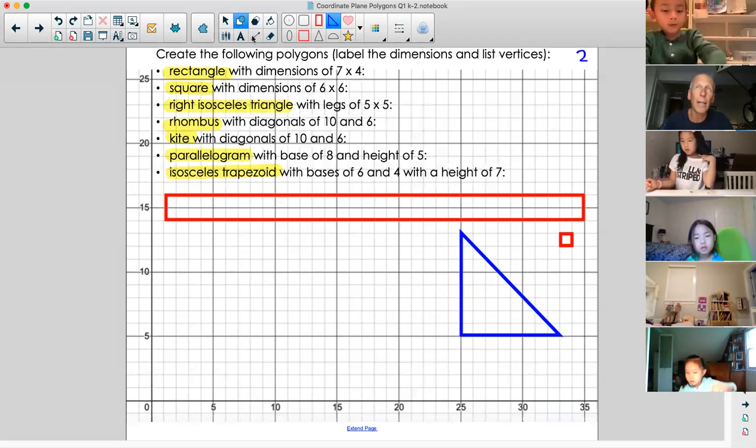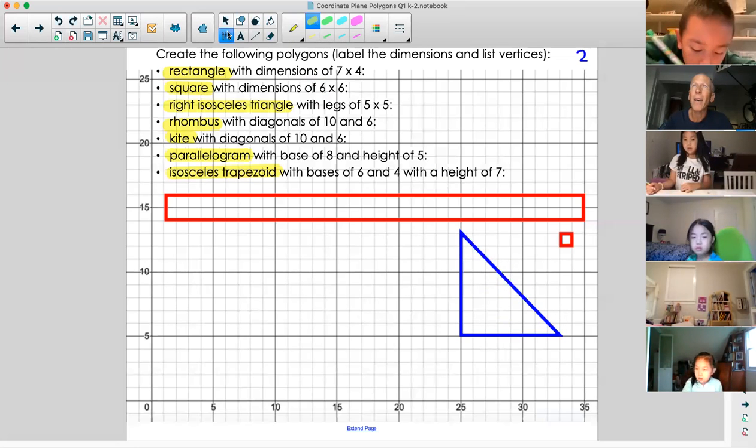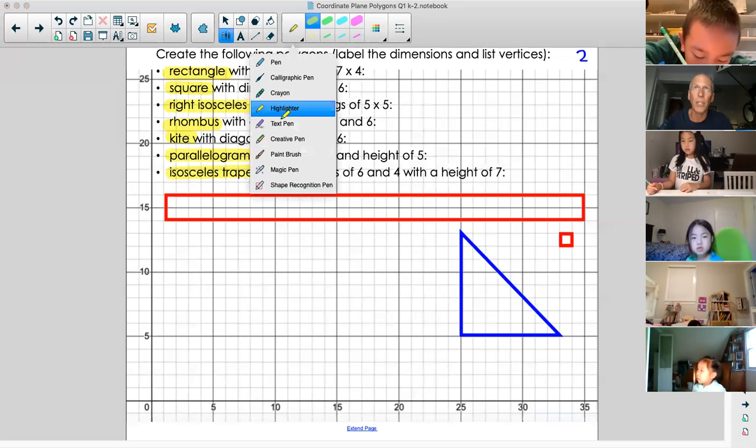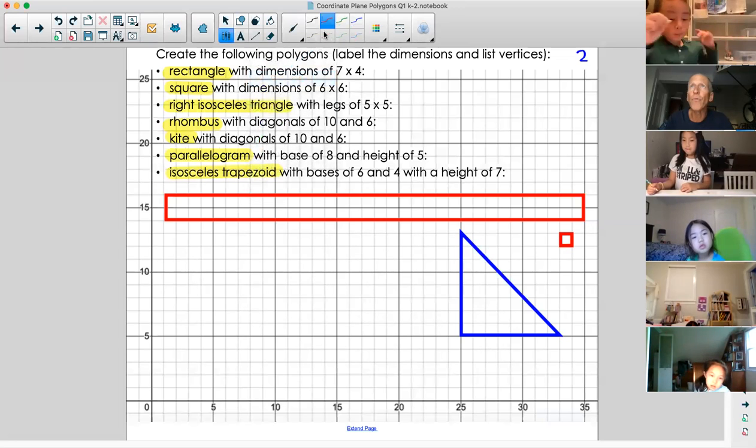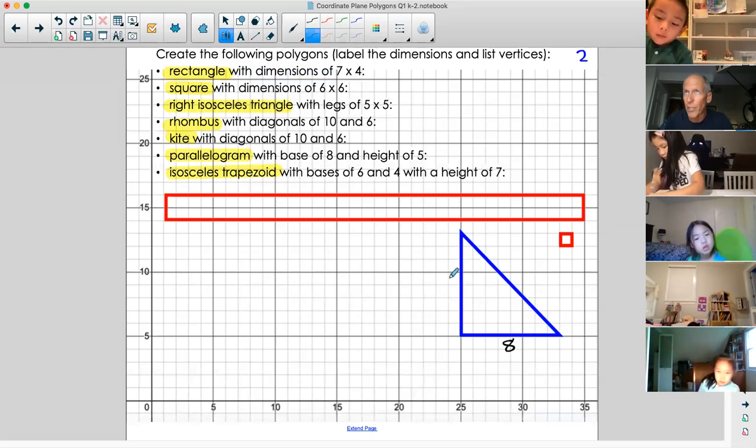I'm going to name mine an 8x8. But you know what? I'm actually going to write down the dimensions. I think it's really important that everybody always write the dimensions of every figure they draw.